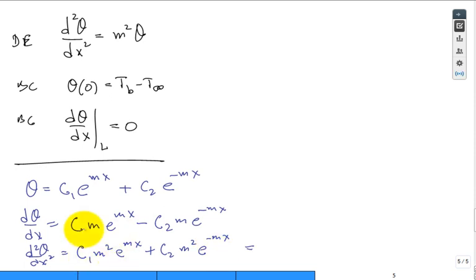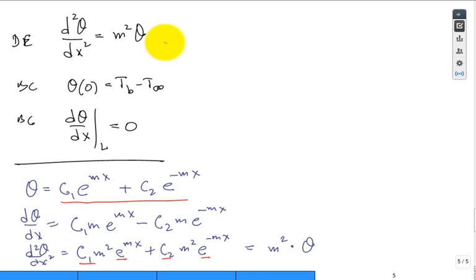C1's term, let's put C1 there. It would be like m squared times theta, wouldn't it? Isn't this theta? Isn't this times this plus this times this theta? So the m squared comes out. And so you look up there and you say, that's it. I'm going to pick that solution.